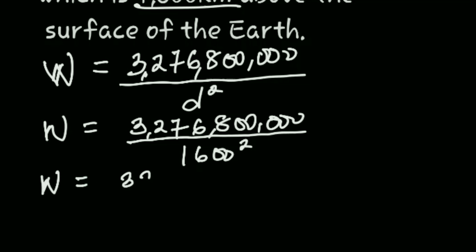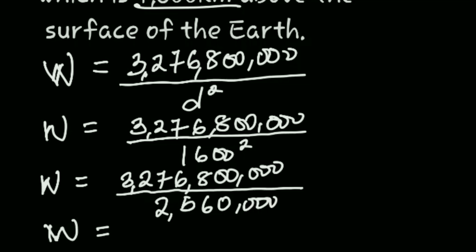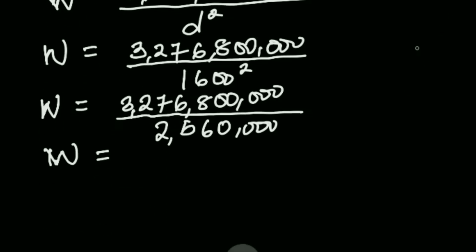This will give us 3,276,800,000 divided by 1,600 squared, which is about 256,000. And so our final answer, the weight of the body will be 1,280.